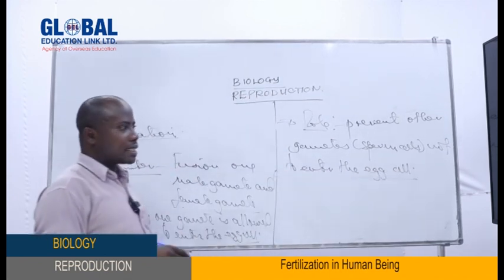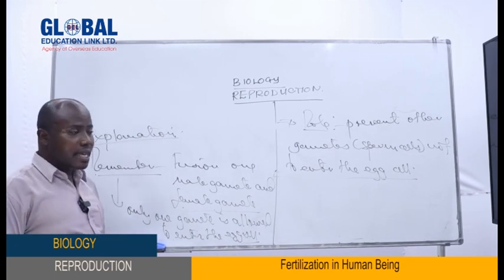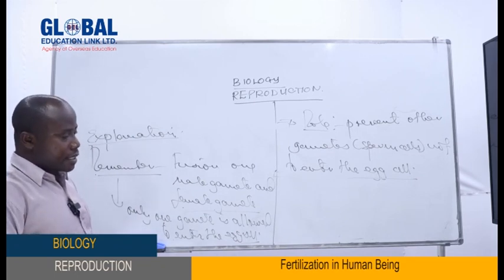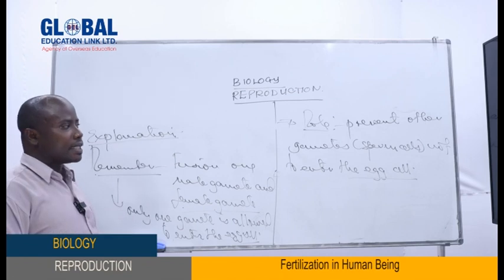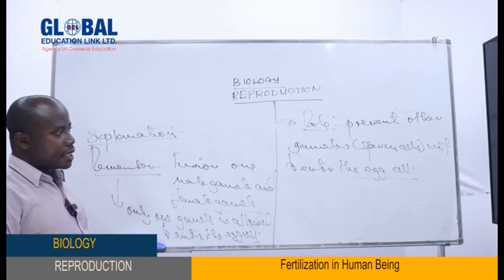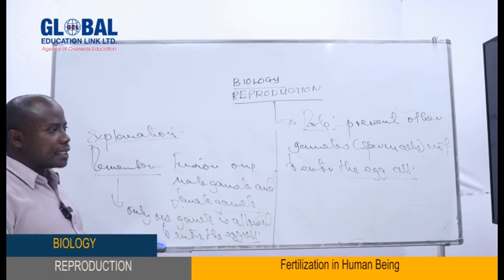When one has successfully entered the egg cell, it means only one male gamete is allowed, and the membrane that prevents others is known as the fertilization membrane.